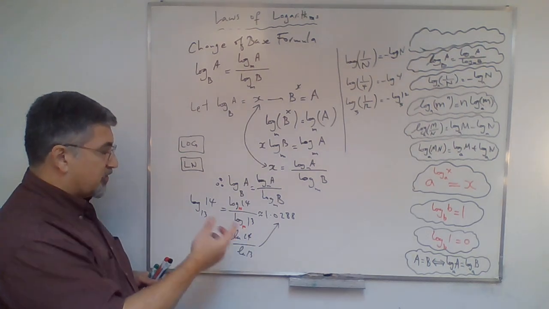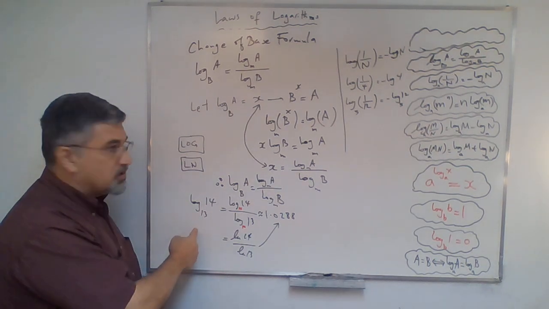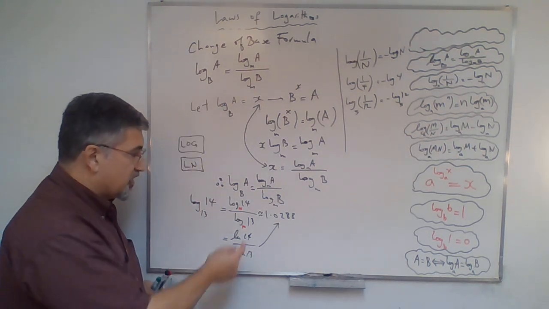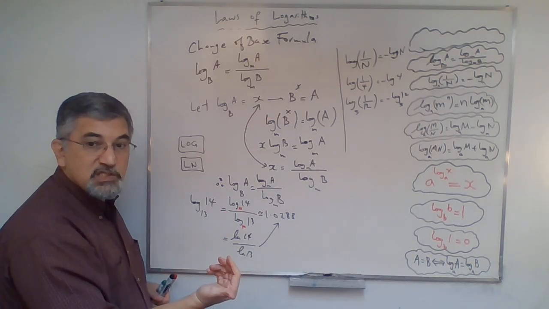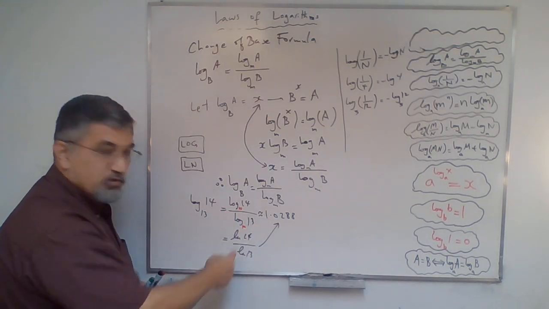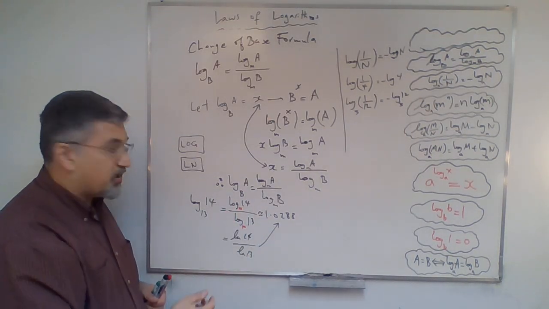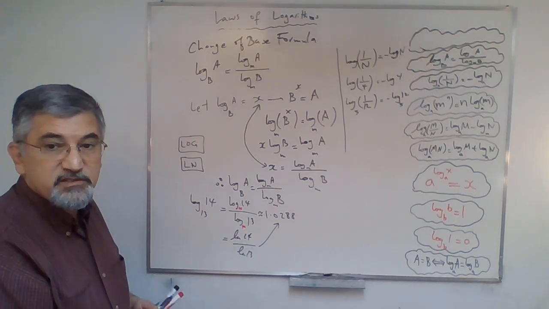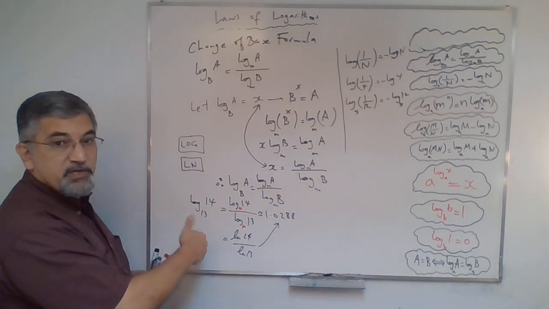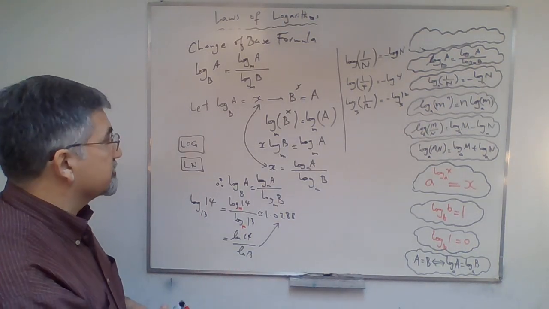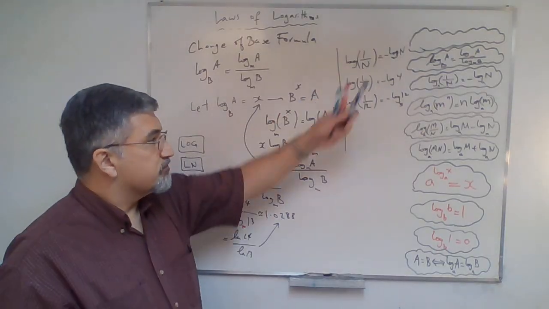When somebody wants to calculate log of 14 base 13, they can use this change of base formula, they can press the division button, which is already there on the calculator, and they can quickly find the answer. So why bother designing a separate key for log base 13 or log base anything else? So this is the other formula.